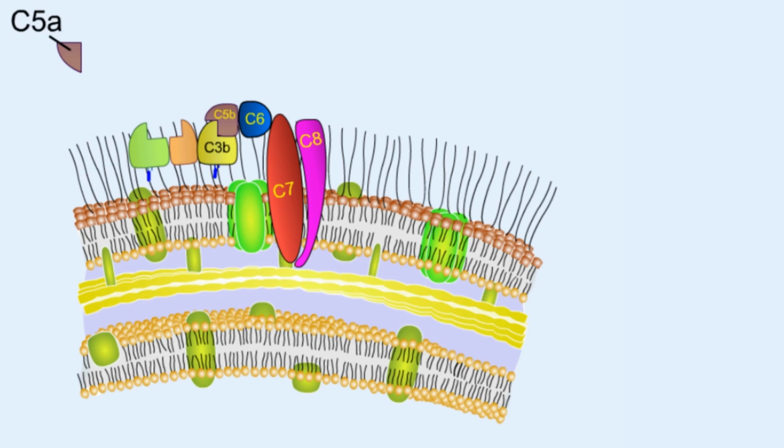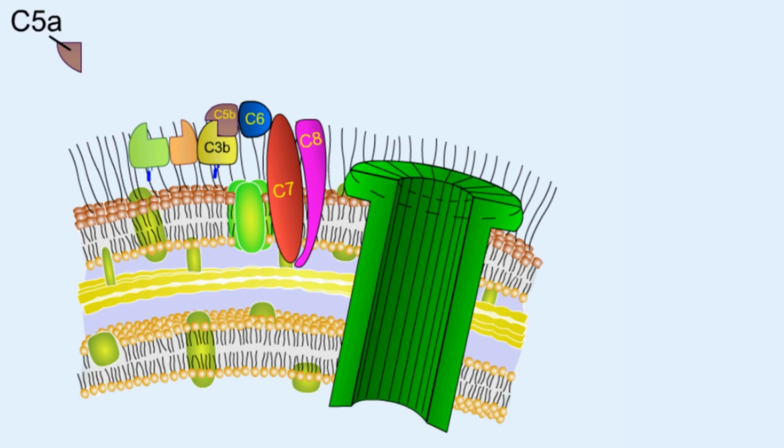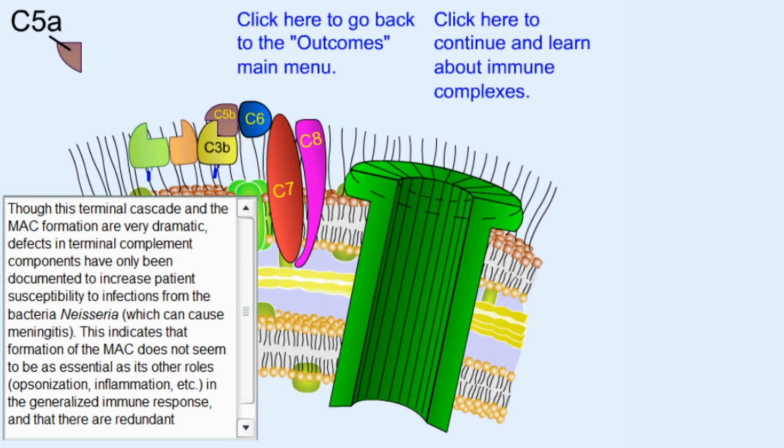Then it will recruit another set of proteins known as C9. A lot of C9 proteins will be embedded throughout the cell membrane to form a channel or a pore known as the membrane attack complex. Once the membrane attack complex is formed, as a result of this pore formation, ions start releasing from the cell to the outside. As a result, the cell will start to die due to osmotic imbalance.